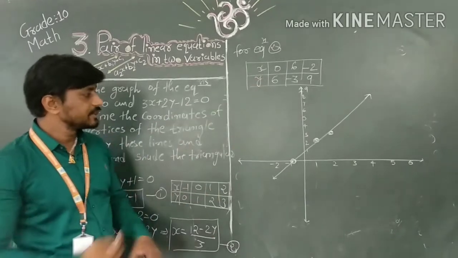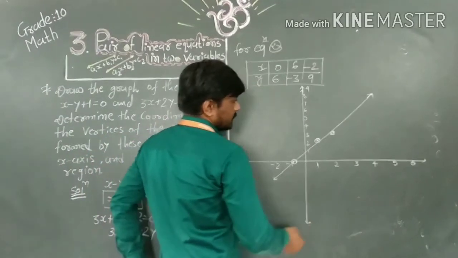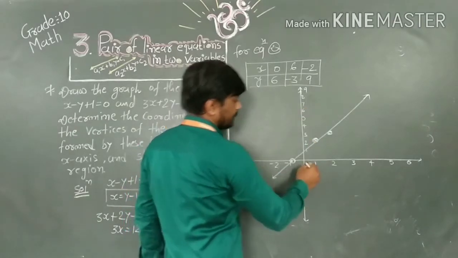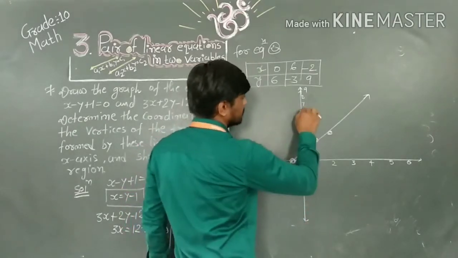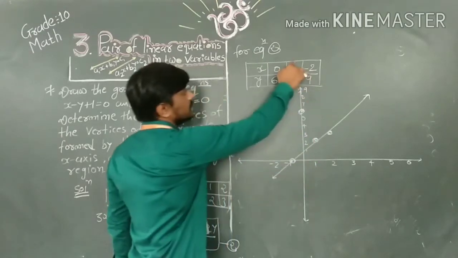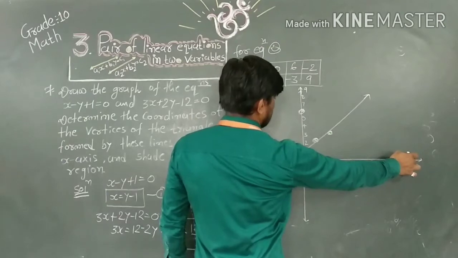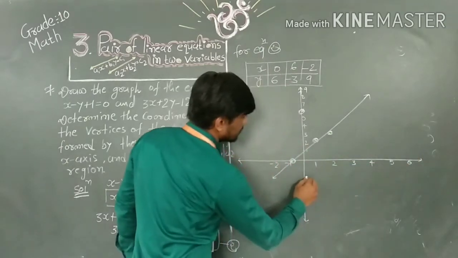Similarly 0, 6. This one. 6, 0 and 3... no, 6 and minus 3.